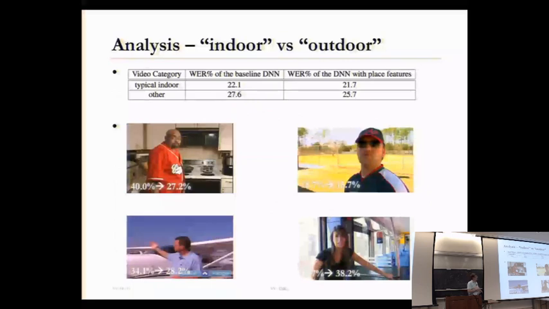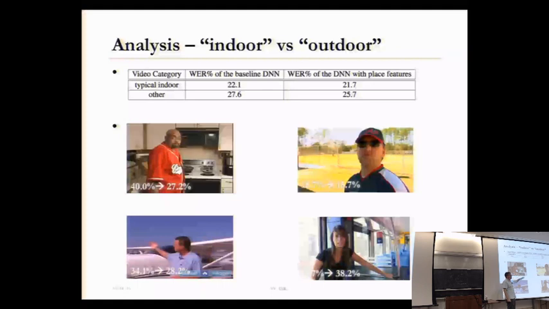And of course, why does this work, or what's actually going on? We labeled our test set in terms of: is this a typical indoor video with probably clean audio, or is this an outdoor video where we have lots of noises in the background? On indoor videos we're only going from 22.1% to 21.7%.